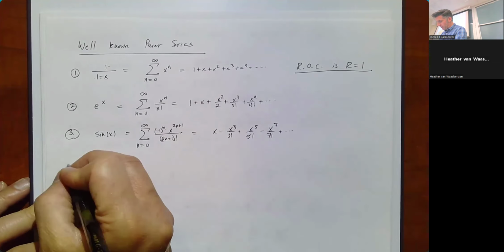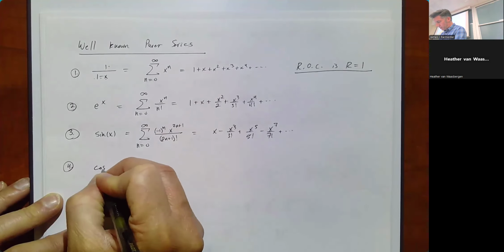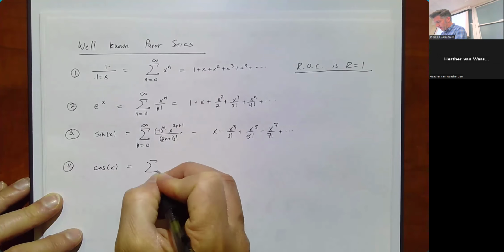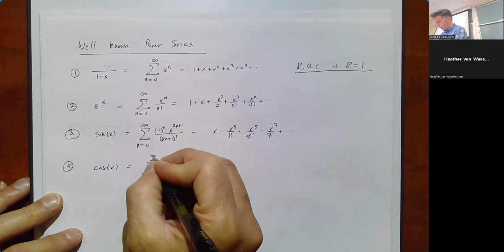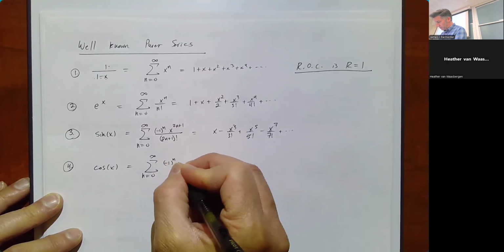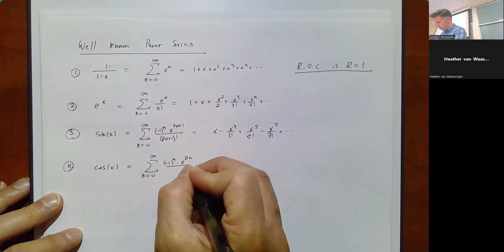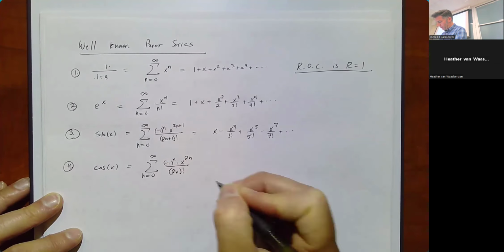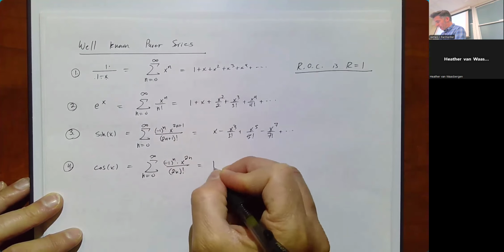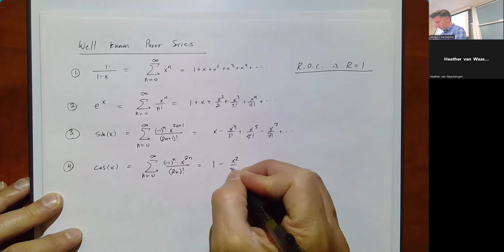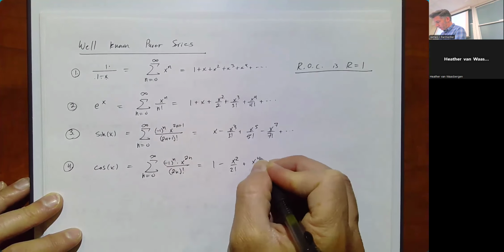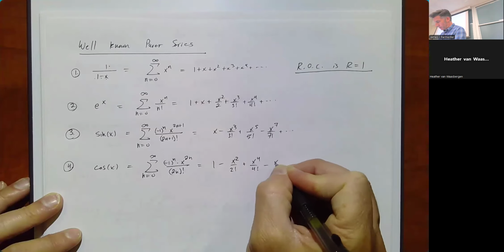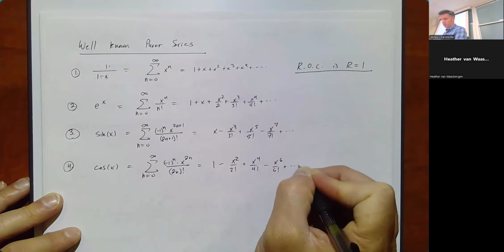And cosine of x has a very similar expression. Cosine of x is equal to the sum from n equals 0 to infinity of -1 to the n times x to the 2n over 2n factorial, which does start with a 1 minus x squared over 2 factorial plus x to the 4th over 4 factorial minus x to the 6th over 6 factorial, and so on and so on.